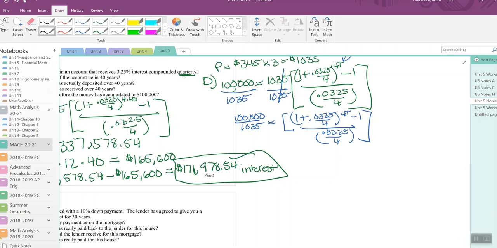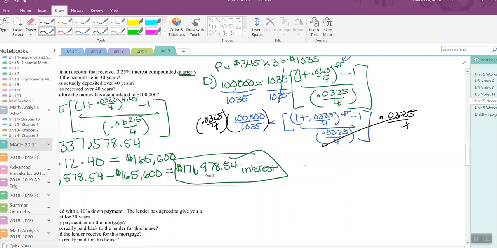Now you've got to get rid of the denominator of the fraction. So you multiply by 0.0325 over 4. That gets rid of the denominator there. But then I'm going to have to multiply it over here. Then I'm also going to have to add the 1.